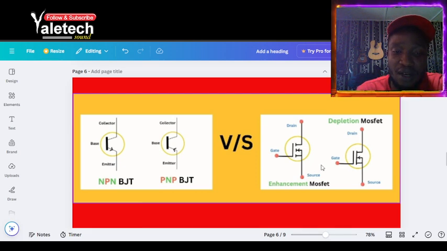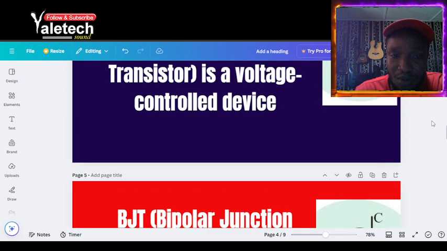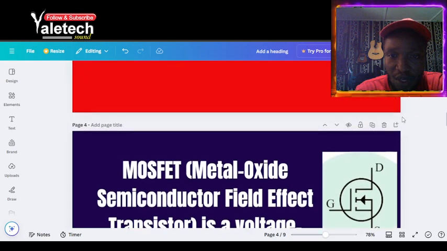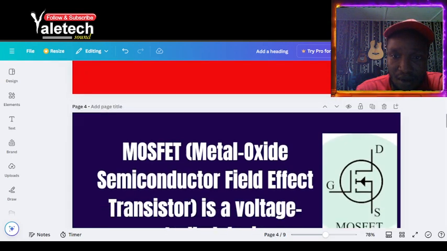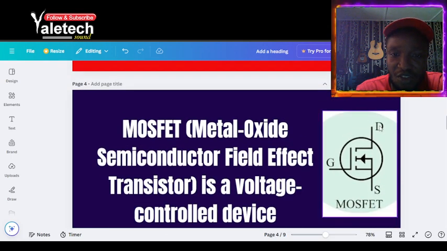But if you look at that of MOSFET, it does not have anything like PNP, NPN, and the rest. While this one makes use of emitter, base, collector, this one makes use of source, gate, and drain. Let me back up so that you see. From what we have here, you can see drain. This is our ground, this is our source. So this is where voltage comes in.